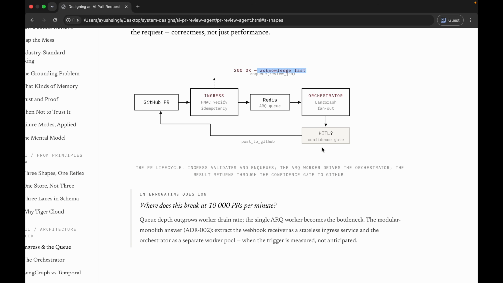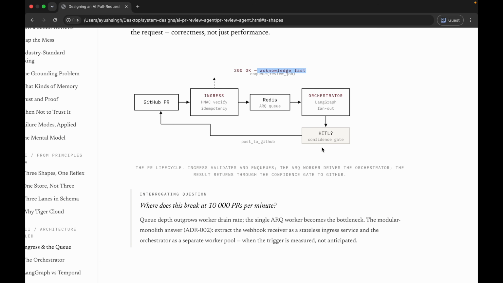Basically there's one receptionist who keeps on saying, hey, sure, give me the order, and stores it in the Redis job queue, a Redis database. And then there's a worker in the backend, which we call the orchestrator worker, with a separate worker pool in the backend.